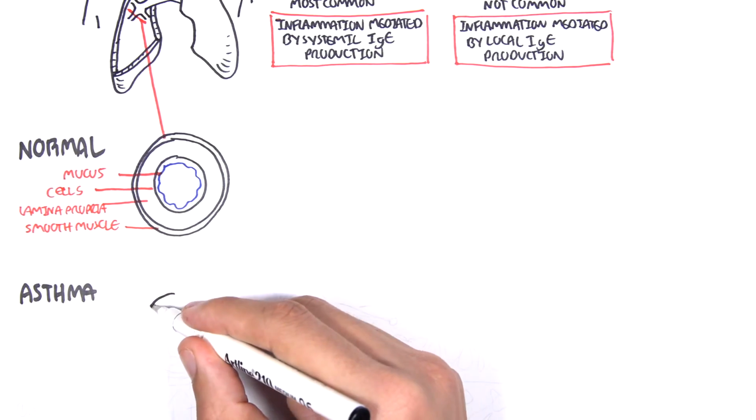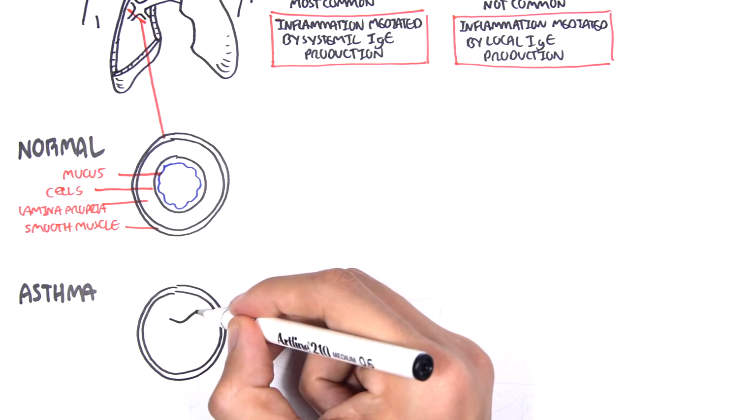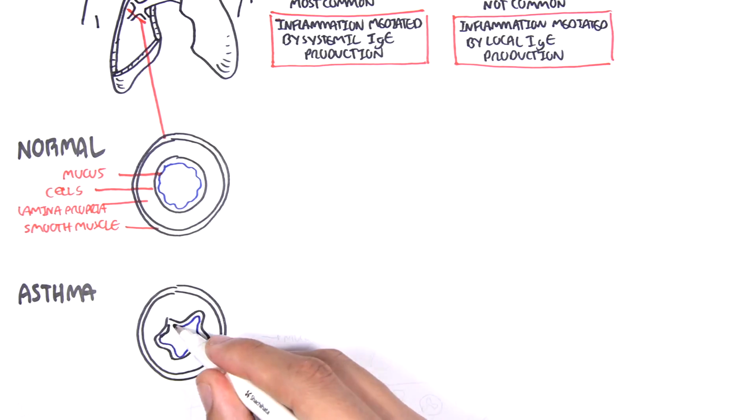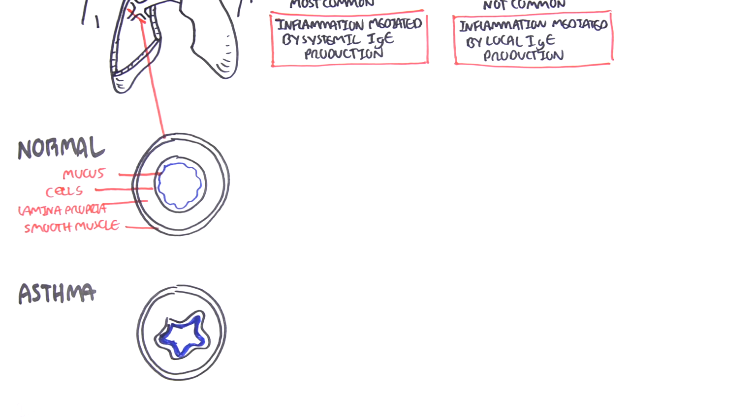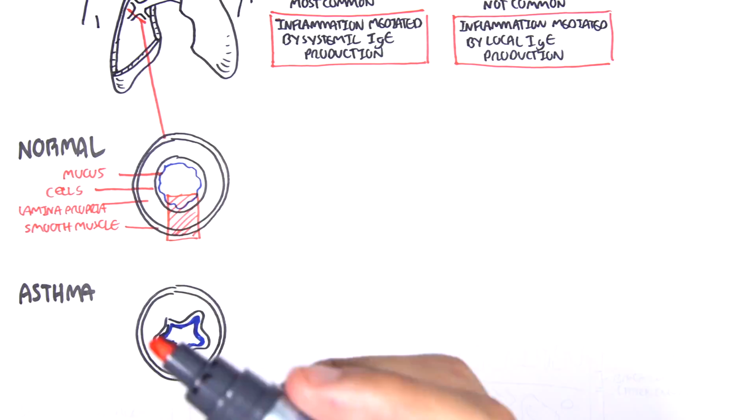And if we were to look at an asthmatic bronchiole, the lumen here, the inside, is much narrower. But before we focus on the asthmatic bronchiole, let us look at the normal histological layers of a bronchiole.